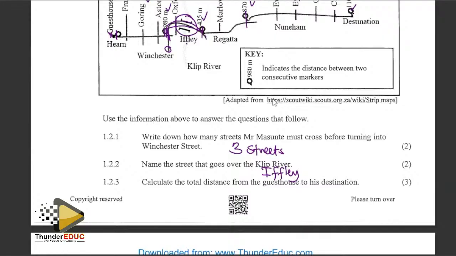We shall add all the distances, which becomes 980 plus 435 plus 870 plus 1,100. And the final answer becomes 3,385. Don't forget the units. Meters.